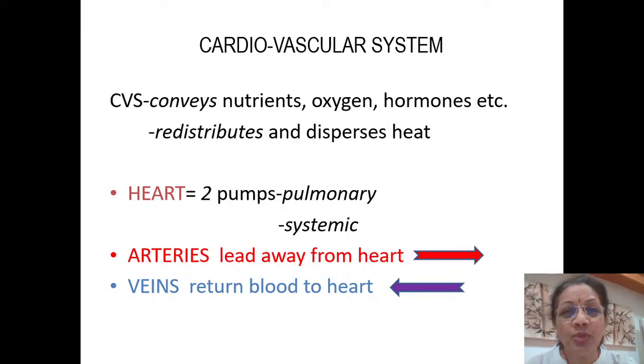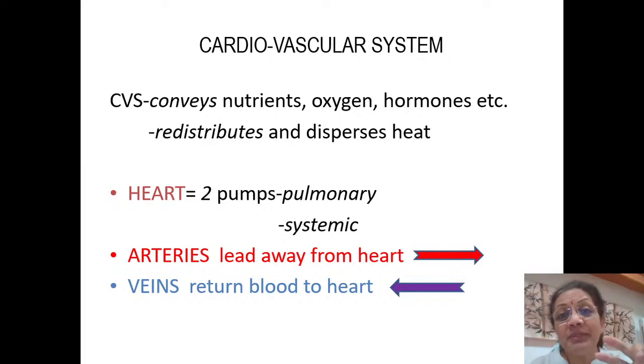There is a color code we follow for medical illustration everywhere in the world, and that has to be followed by you too. So whenever you're drawing an artery, you'll color it red. Wherever you're drawing a vein, you'll color it blue, even if it's not carrying that kind of blood in it.